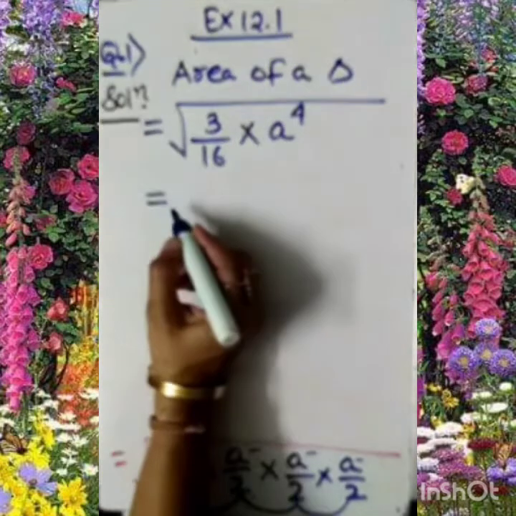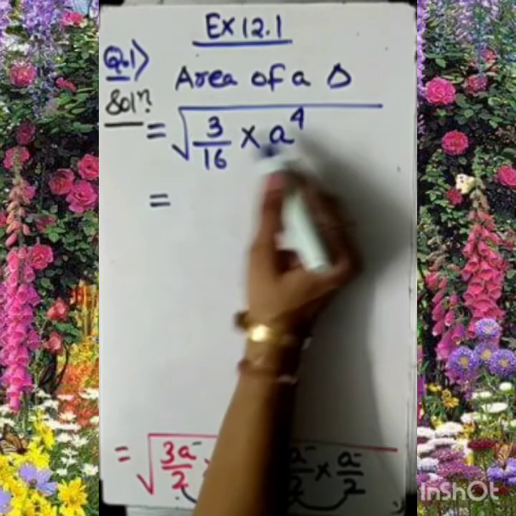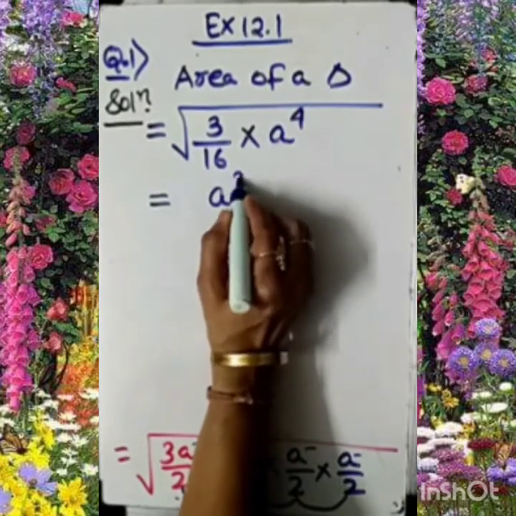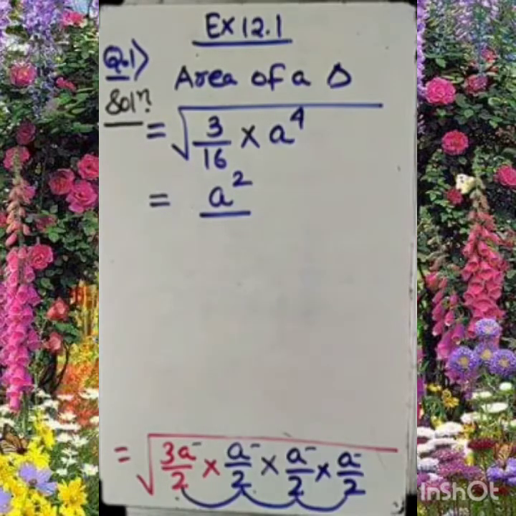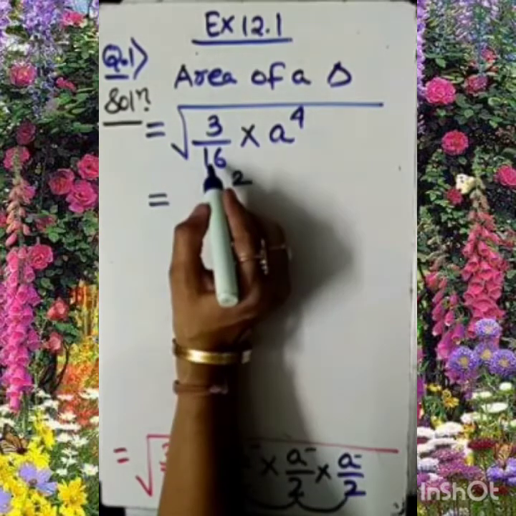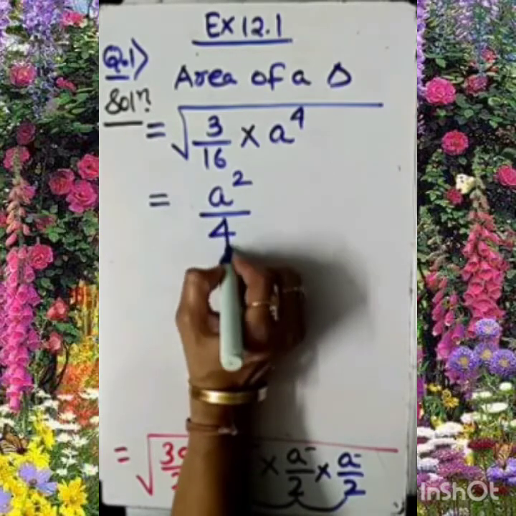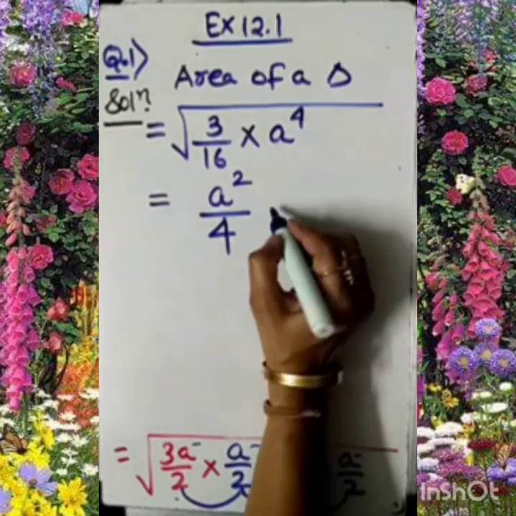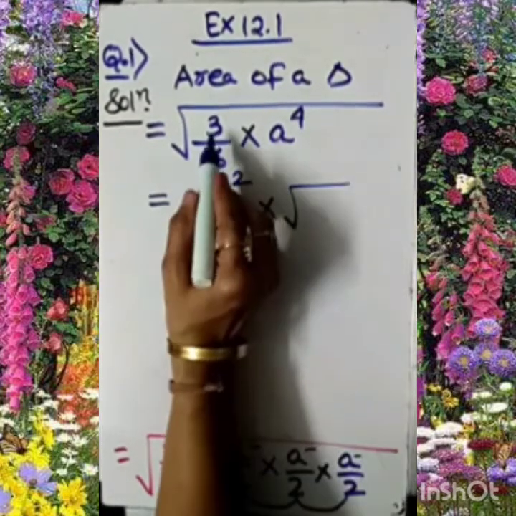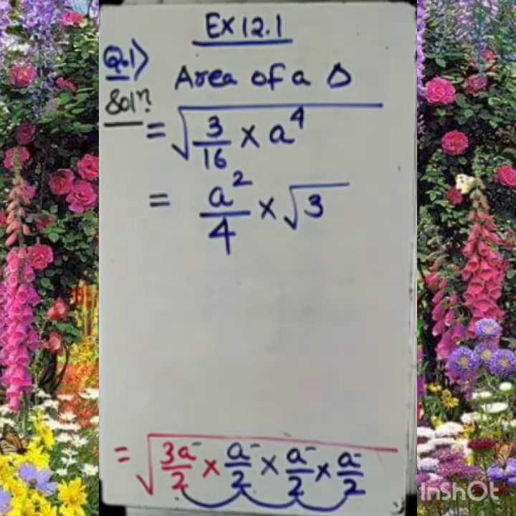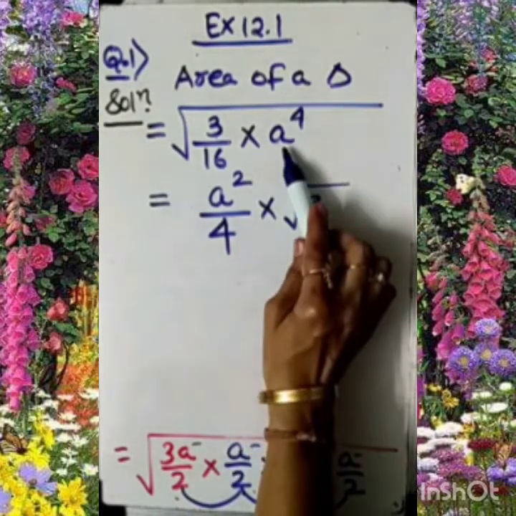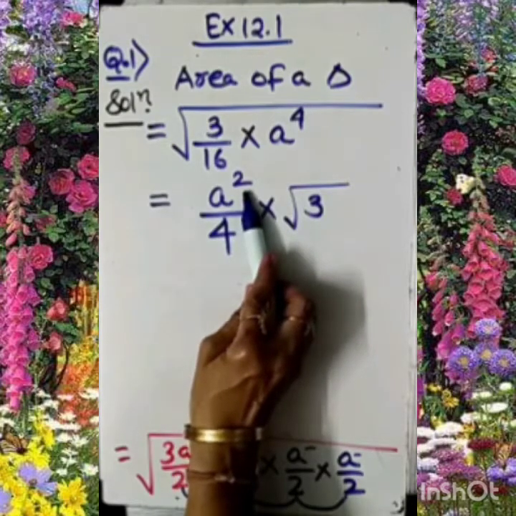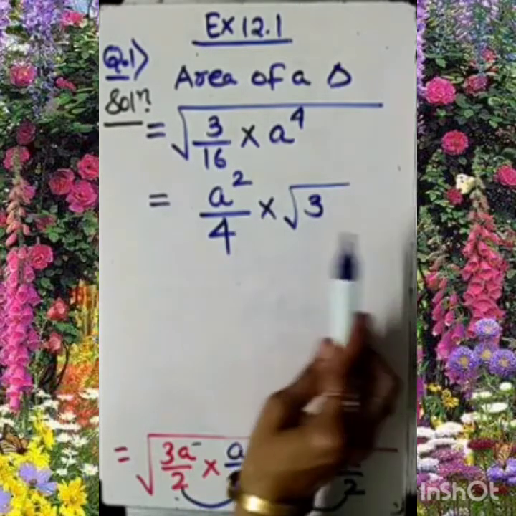So my dear student, the square root of a to the power 4 will be a squared. Agree? I am taking it outside the square root. What about 16? We know 16 is a perfect square of 4. So what is left here is only the square root of 3. Once again I am explaining this step. A to the power 4 gives a squared outside the square root, and the square root of 16 is 4.